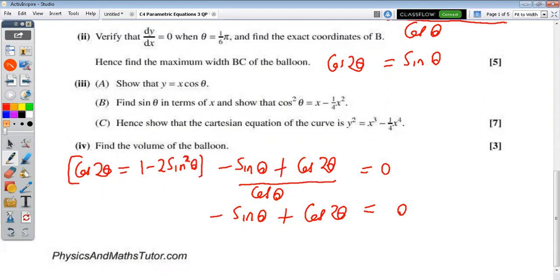That's the one that we want to use. It's there in your booklet, so that everything is in terms of sine theta. So we replace this here with 1 minus 2 sine squared theta being equal to sine theta. Are you together? Clear?